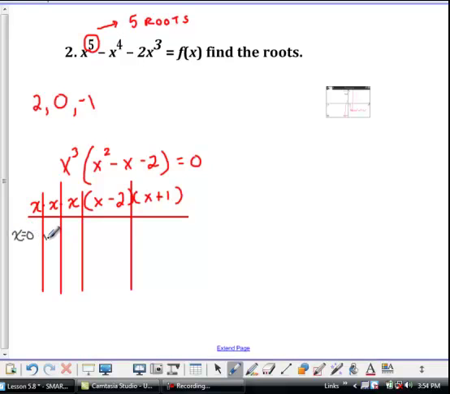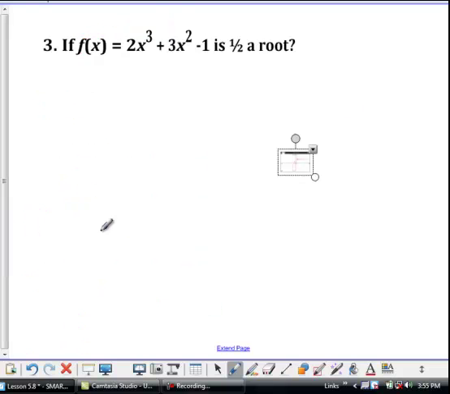This is called, we've already learned this, a multiple root. It's actually the same root that shows up 3 times. So there indeed are my 3 roots, 0, 2, and negative 1.